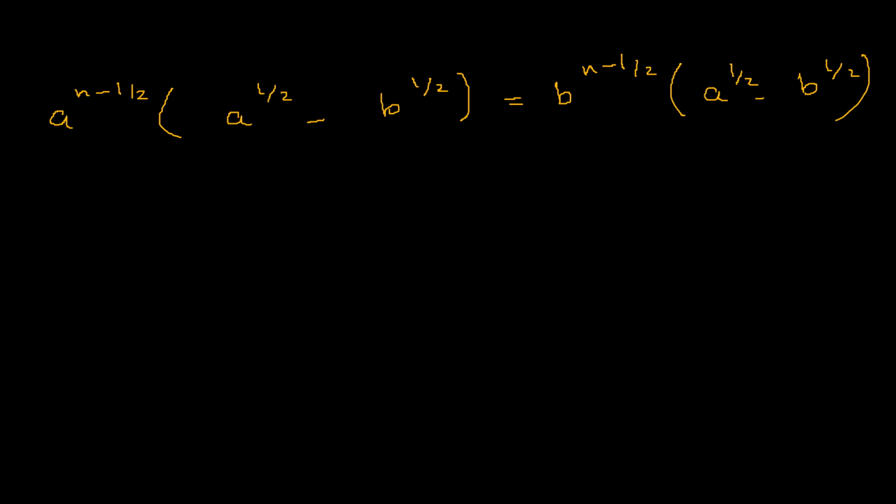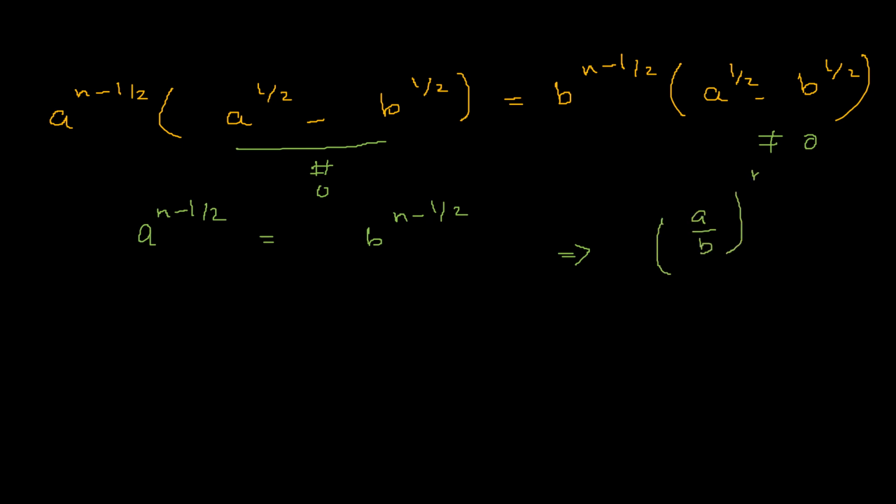So since a and b are different, that will be non-zero, and also that will be not zero. So they will cancel out, and we get a^(n-1/2) equals b^(n-1/2), which implies that (a/b) whole raised to power n-1/2 equals 1.